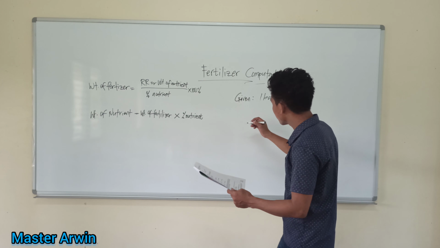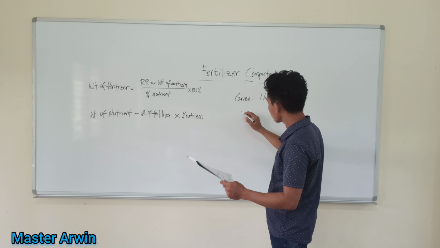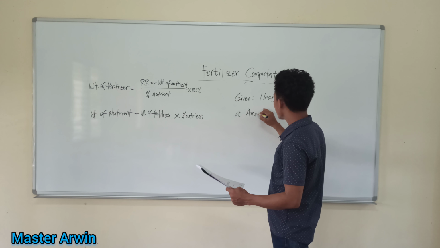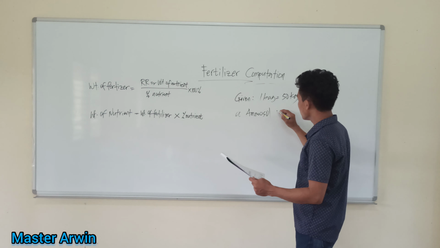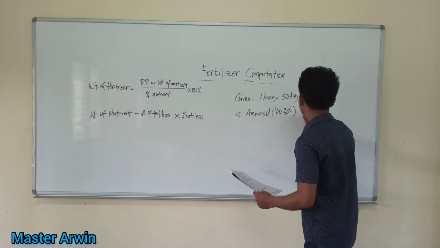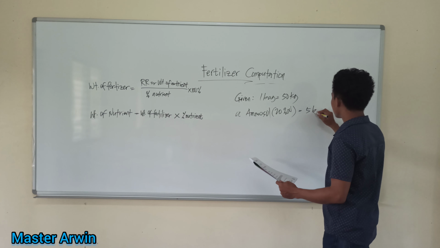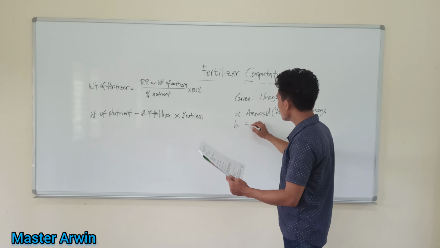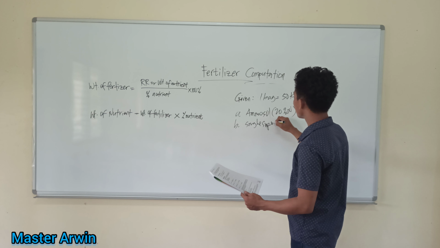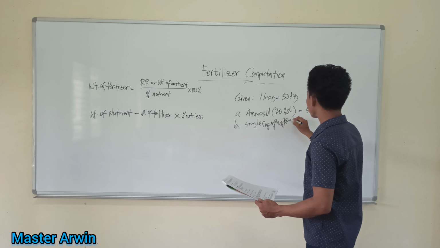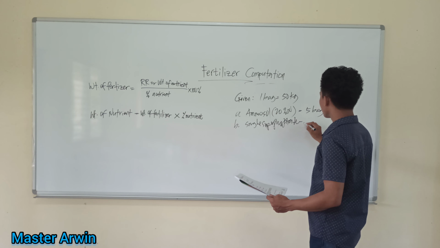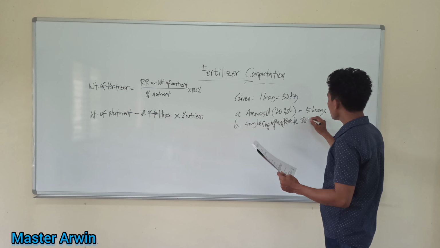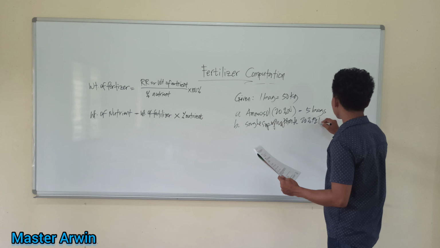So, these are the following fertilizer materials that are used. Okay, A, we have this ammonium sulfate, amusol, 20% nitrogen, which was 5 bags. B, single superphosphate, having a 20% phosphorus.